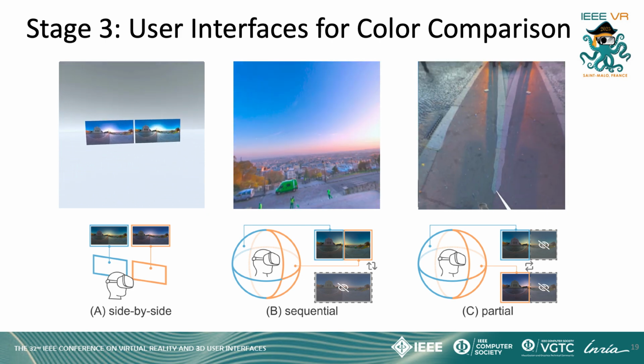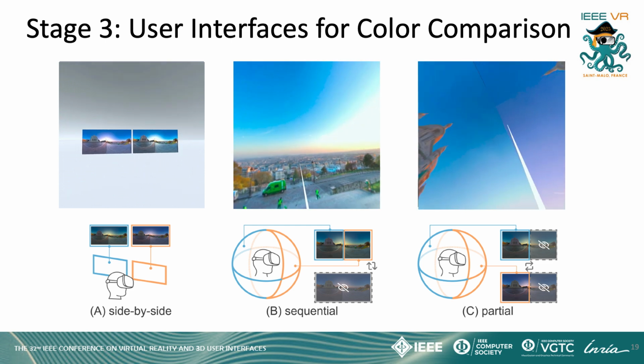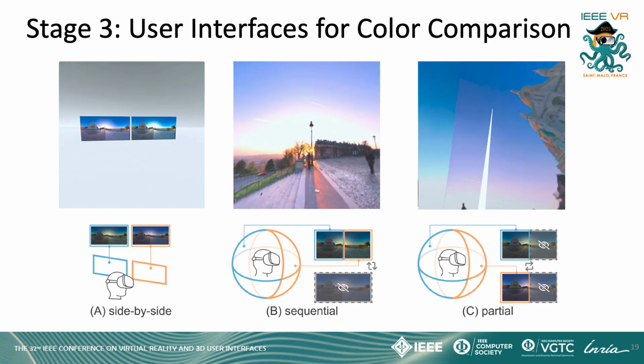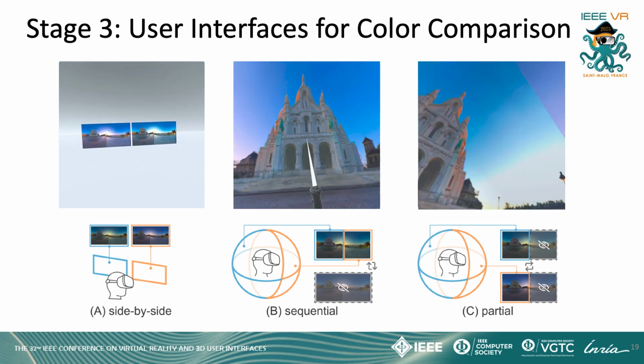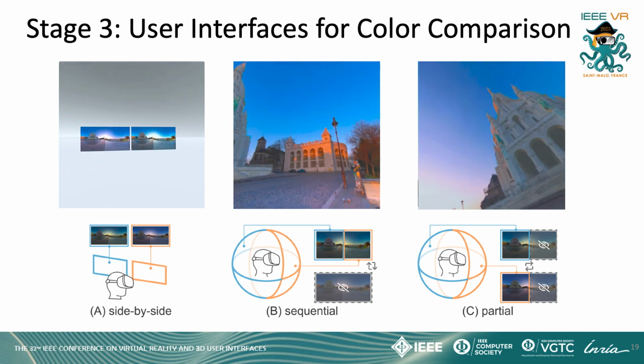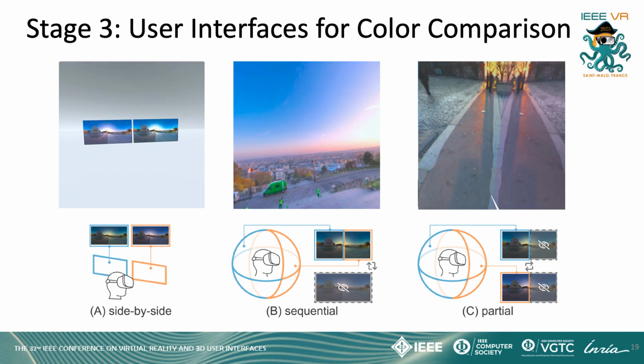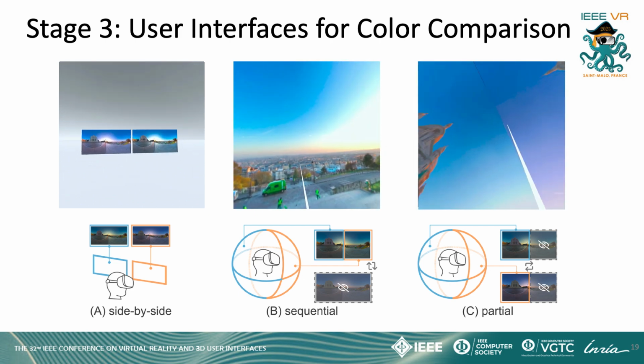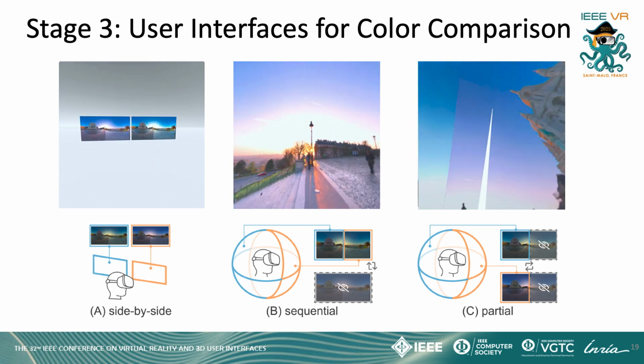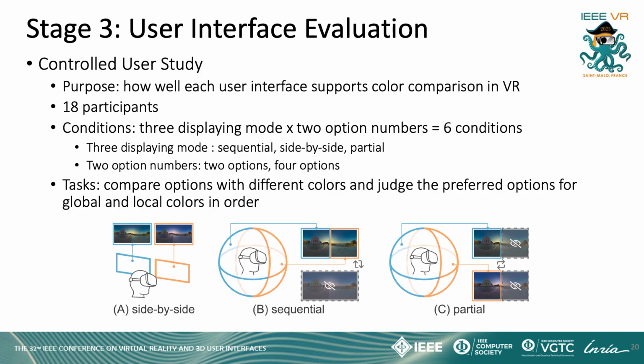The sequential interface wraps users within one 360-degree option at a time. The partial interface divides the entire VR space into equal areas, with each area displaying the same slice of 2 options.